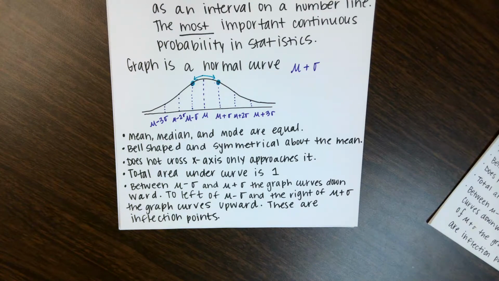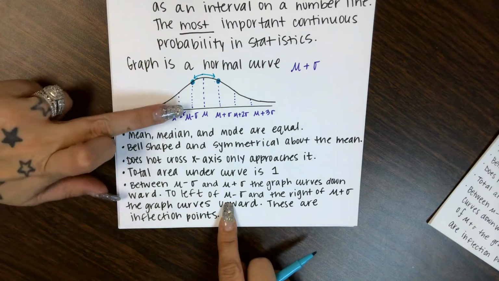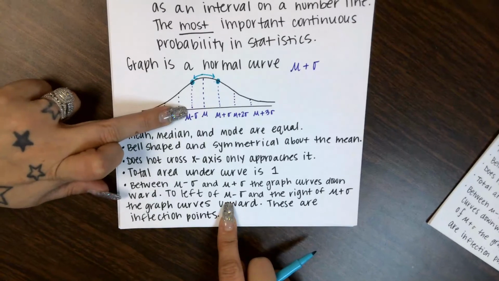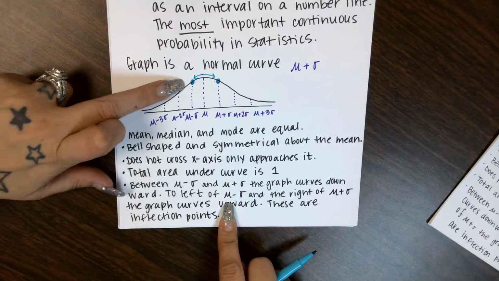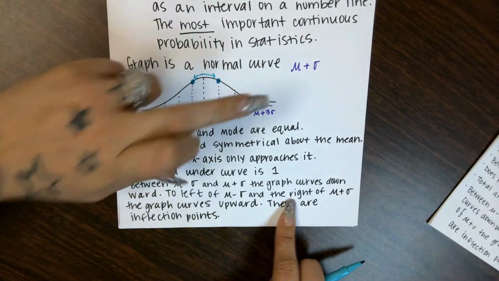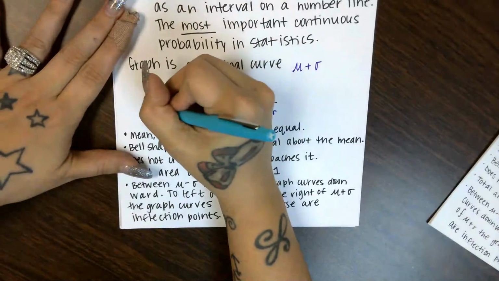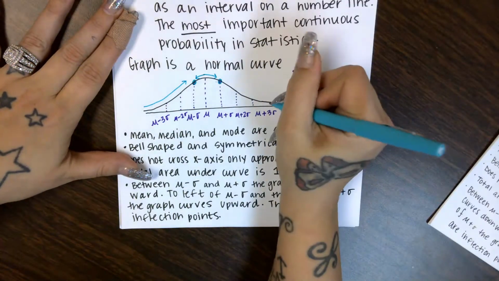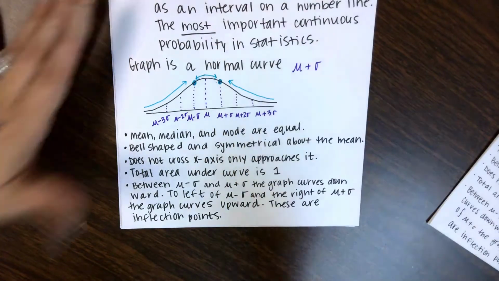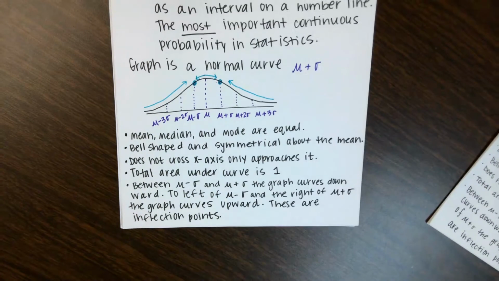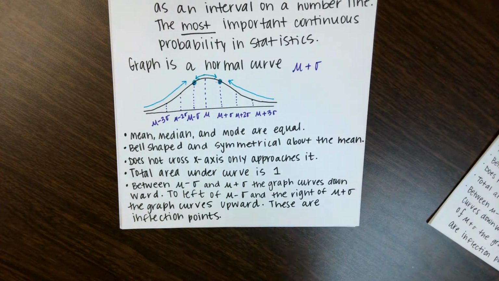And then it said to the left of subtracting one standard deviation, so that's over here, and to the right of adding one, it curves upward. So your arrows would go like this. It definitely doesn't follow what we would think would be happening, but where it changes direction, those are called inflection points.